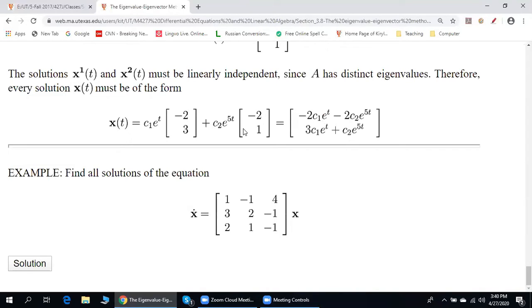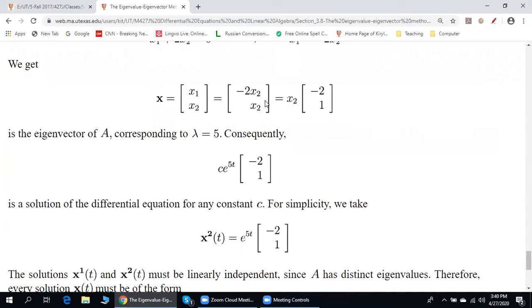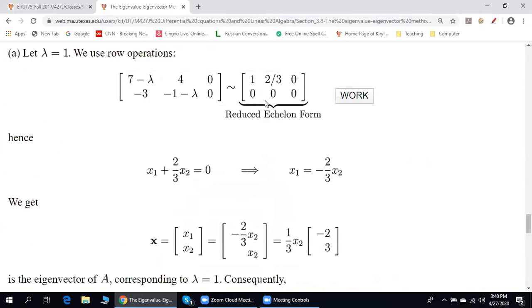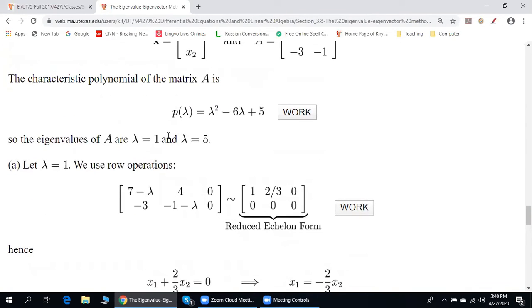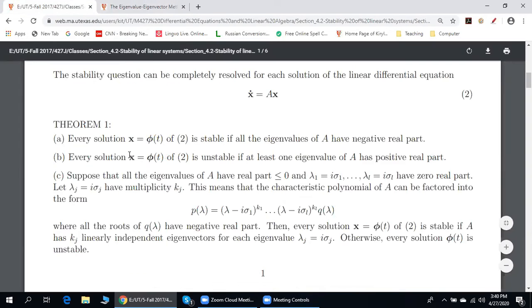Obviously, the solution is not stable because we have e's to positive powers. But once again, Theorem 1 allows us to conclude that all solutions are not stable without solving the system. We just look at eigenvalues. Both eigenvalues are positive, therefore all solutions are unstable.